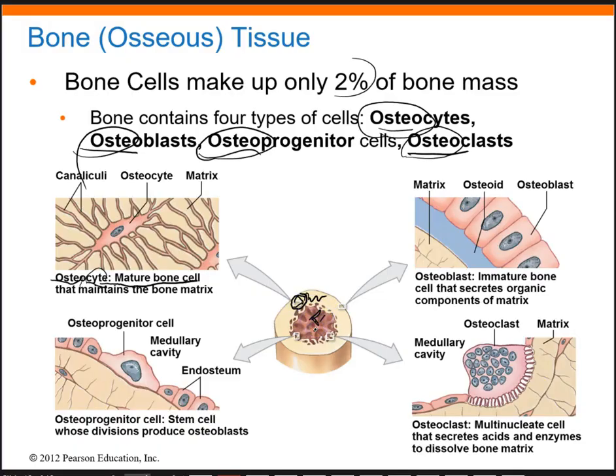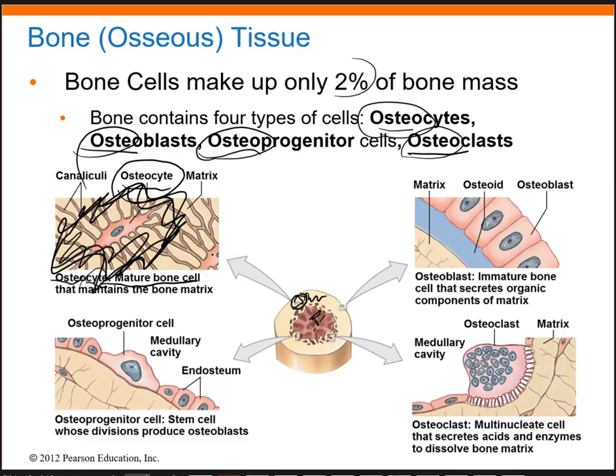So they're never on the surface. They're not part of the endosteum or the periosteum, because osteocytes are always completely surrounded by bone matrix. Osteocytes live in the lacuna, so they're the cells that have that tiny space around them, and then they're just full of matrix.